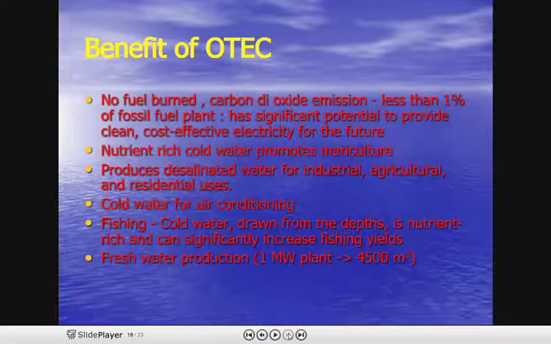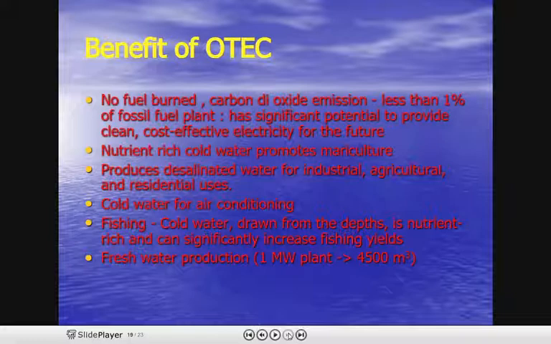Less than 1% of a fossil fuel plant's emissions; it has significant potential to provide clean, cost-effective electricity for the future. So, our main advantage of ocean thermal energy conversion is that no emissions are produced and the greenhouse effect is not affected.